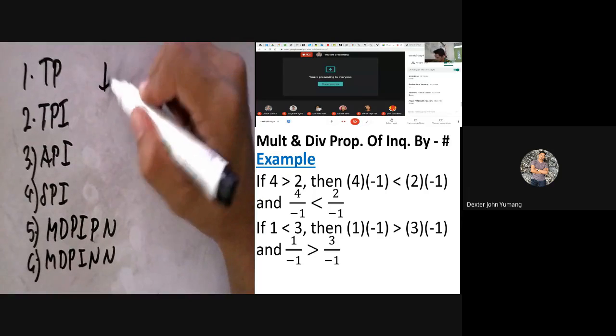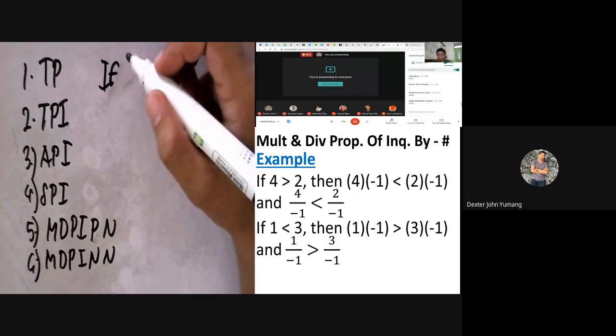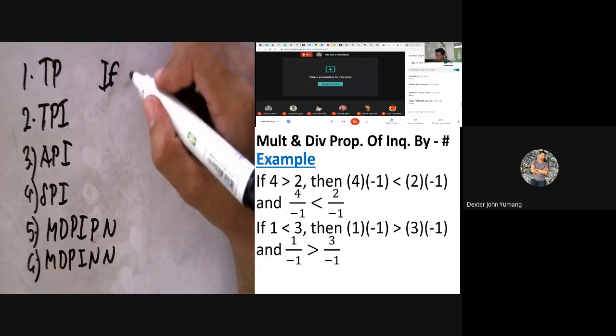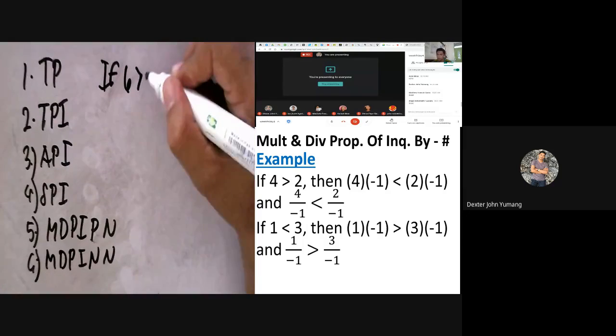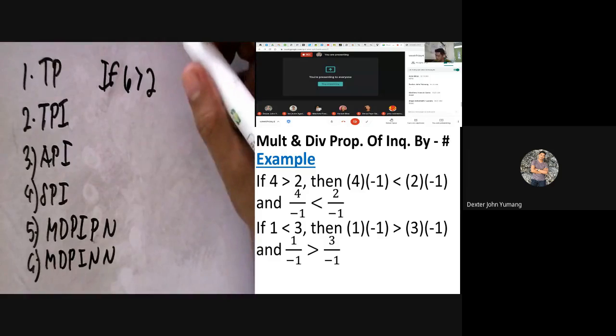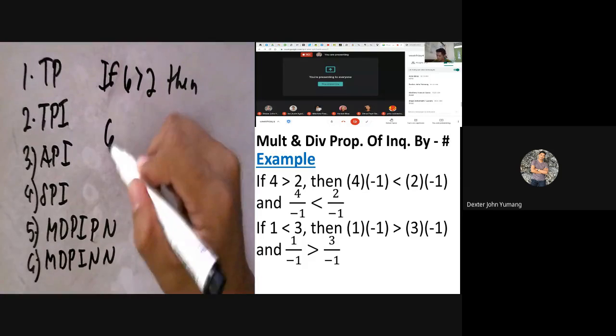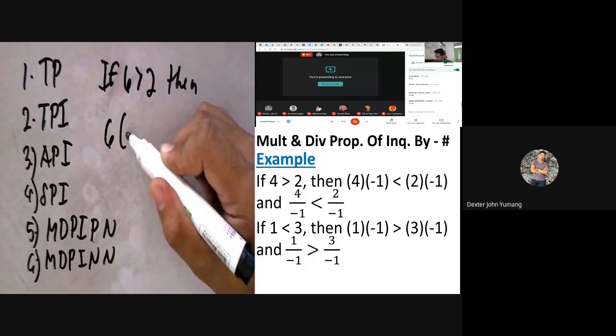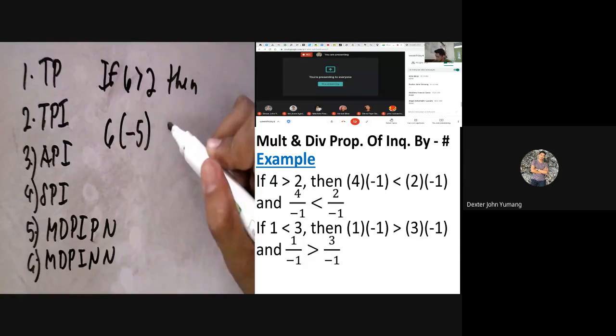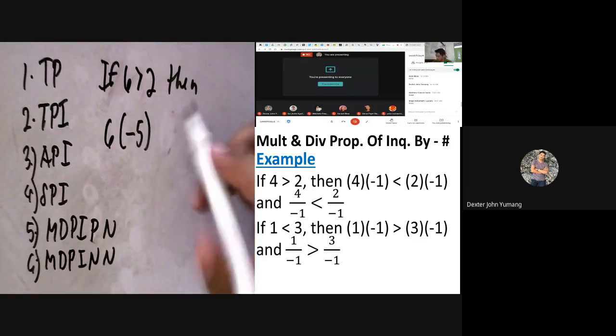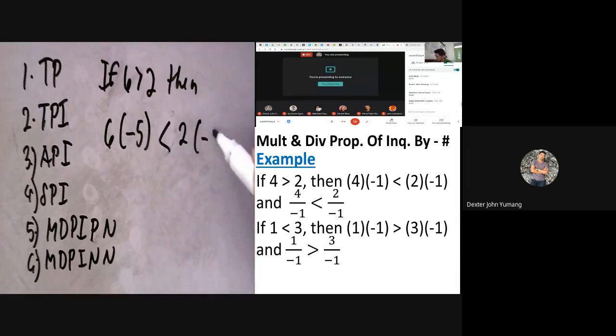Okay. If 6 is greater than 2, then 6 times negative 5, nag-change ang sign, 2 times negative 5.